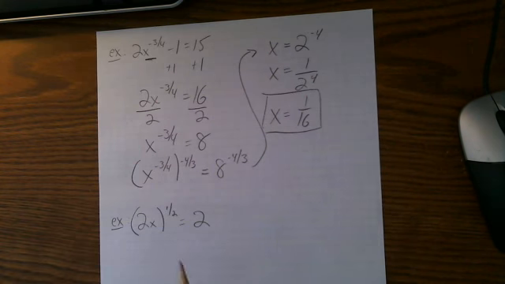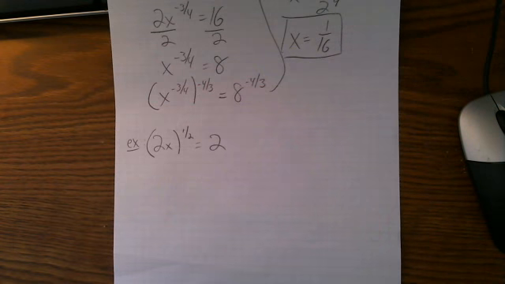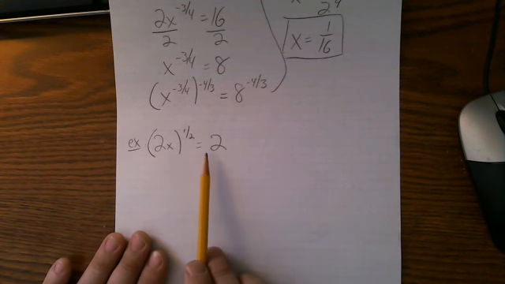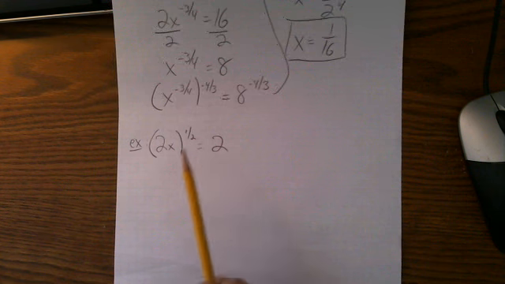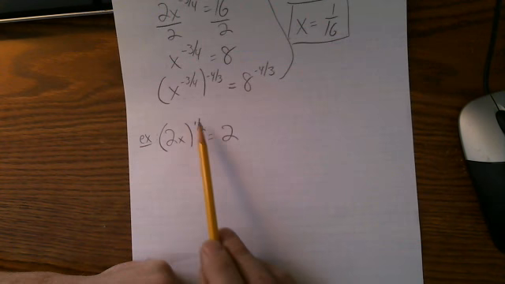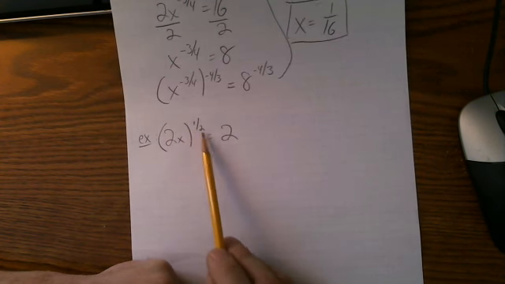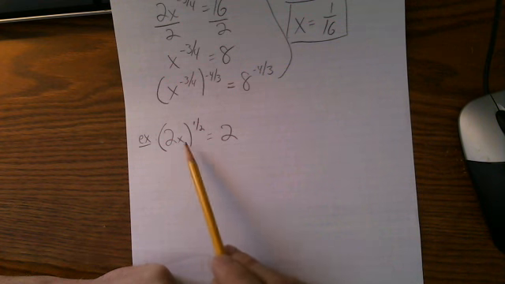So now, take a look at this example. Step 1 was to isolate the term with the negative or fractional exponent. So you may say, oh, we have to divide by 2 first. Not in this case. In this case, the term with the negative or fractional exponent, in this case fractional, is both 2x.